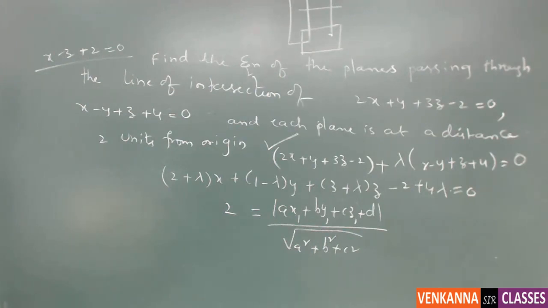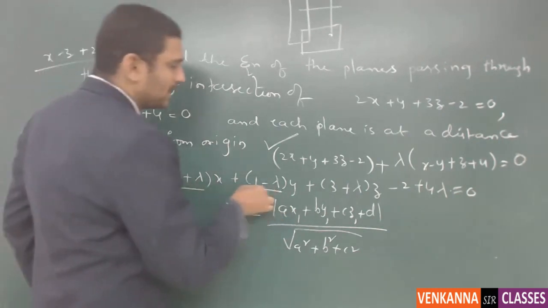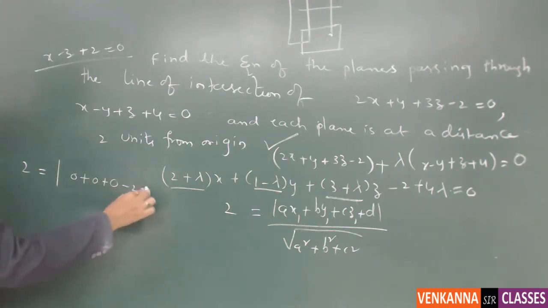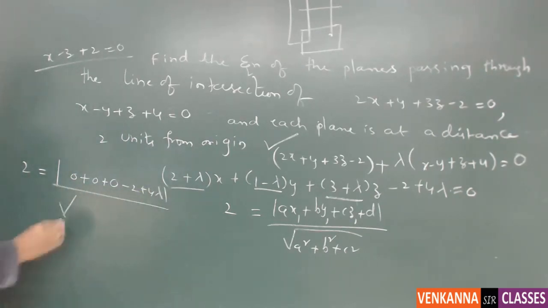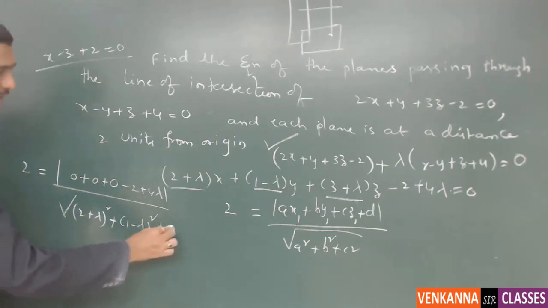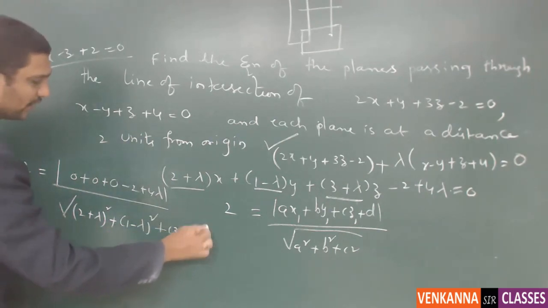A, B, C values are nothing but the coefficients 2 plus lambda, 1 minus lambda, 3 plus lambda. Right? So let us apply the value there. So you have 2 is equal to modulus of 0 plus 0 plus 0, D value is minus 2 plus 4 lambda, by square root of 2 plus lambda whole square plus 1 minus lambda whole square plus 3 plus lambda whole square.